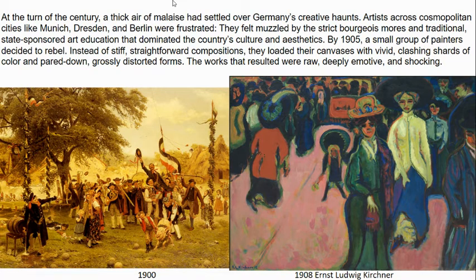The figures are kind of distorted. Certainly, there's clashing colors, and the colors are not really realistic. These artists felt muzzled or contained by the morals and traditions that were around them, and they were looking to rebel against that.